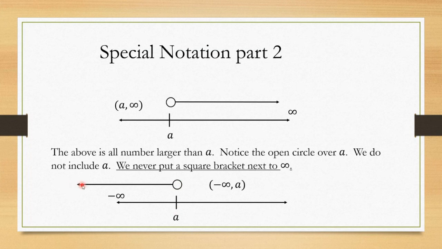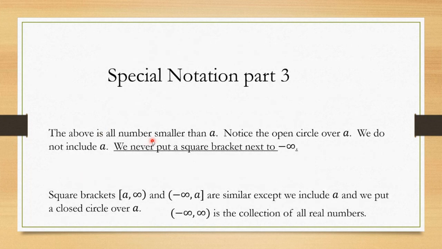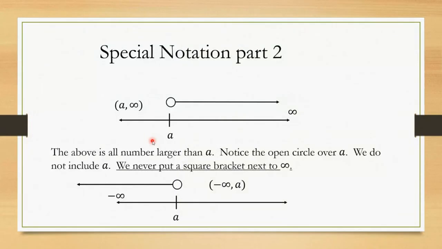The arrow indicates we keep on going. And again, the graph is all numbers smaller than a.